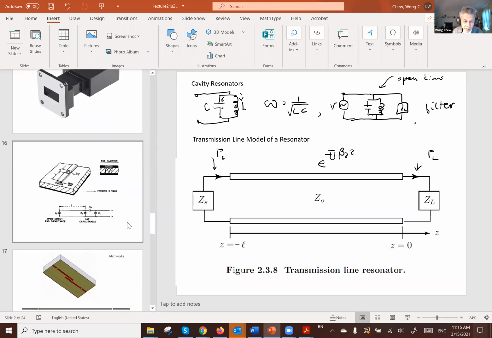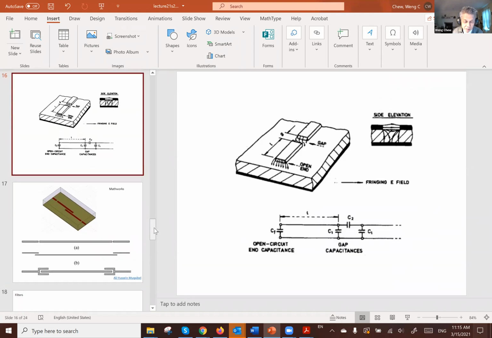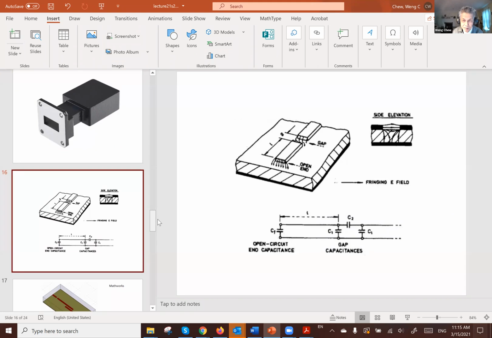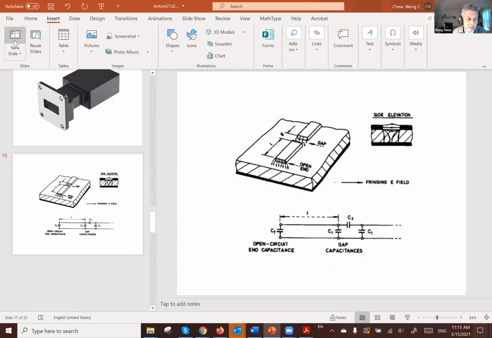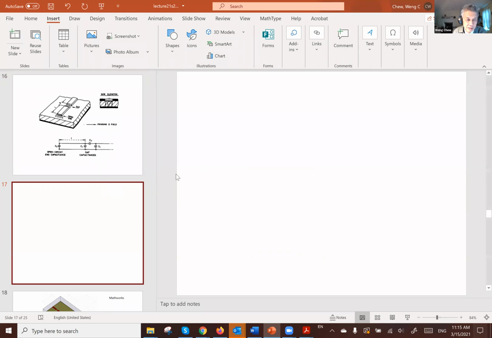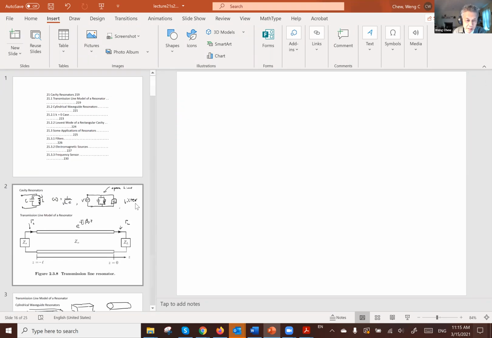You can also make filters. Okay, you can also make filters as shown by this thing here. And before you make filters, we can actually think about how we make filters in circuit theory. You might have come across that before, and I showed you the design of a very simple filter at the very beginning.